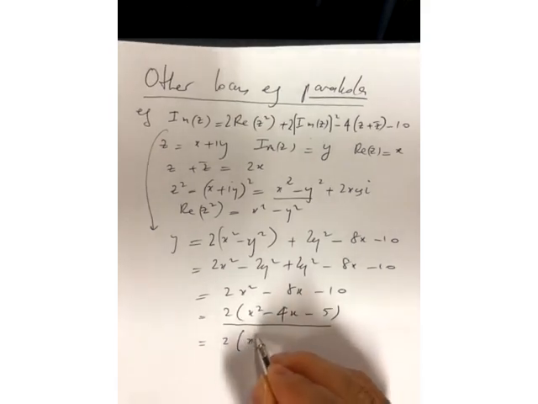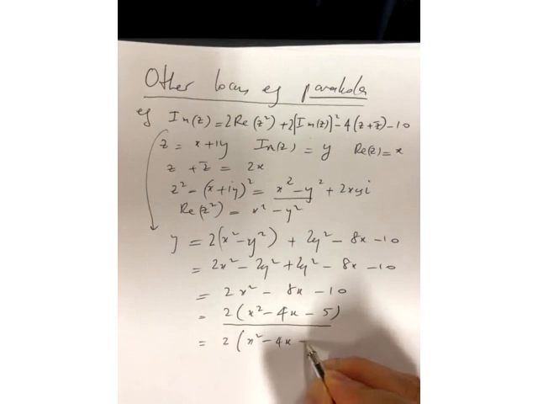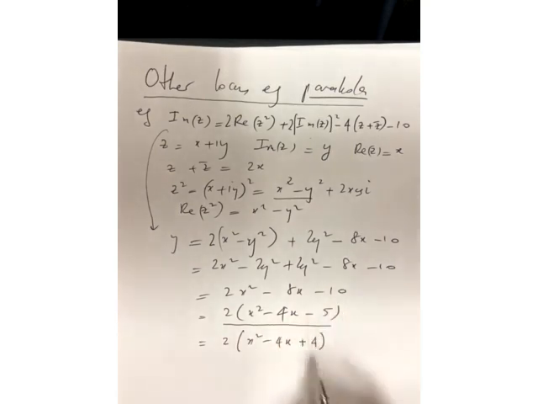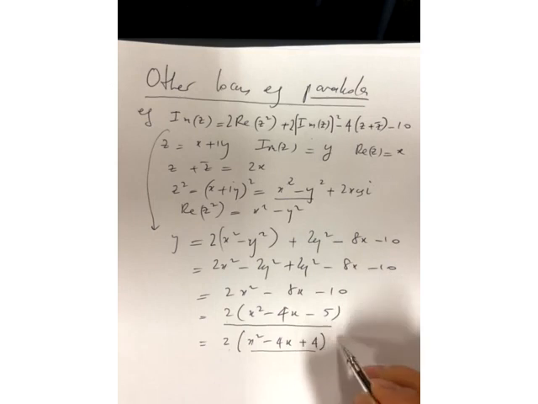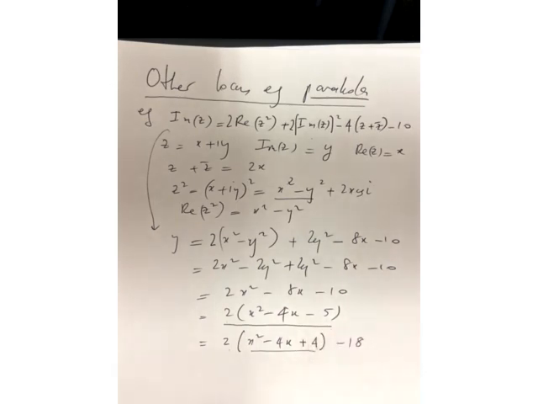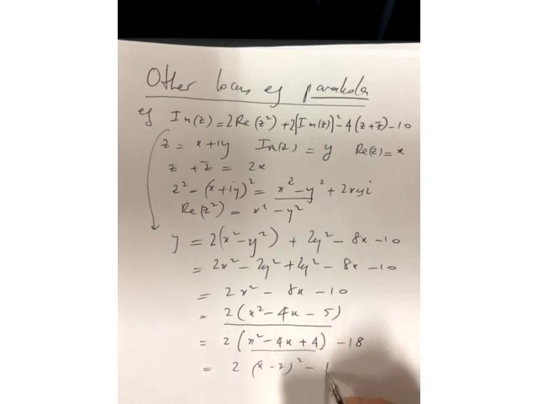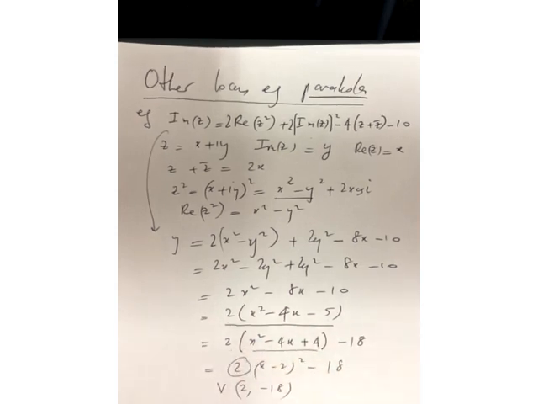That's x squared minus 4x, and then you're going to have to add 4 here. But by introducing 4 to complete the square, you have an 8 that you don't have, you have minus 10, so you have the minus 18. So that's in the form 2(x minus 2) all squared minus 18. So your vertex is actually (2, minus 18), and this tells you it's a concave up parabola.